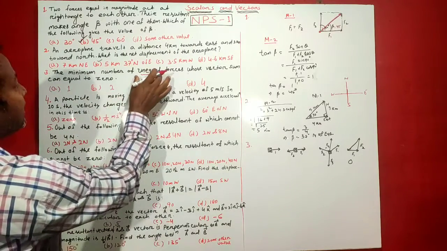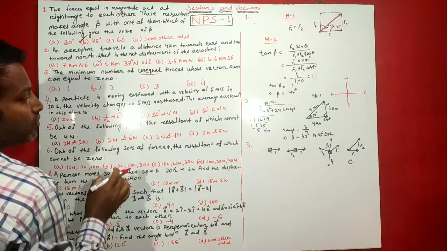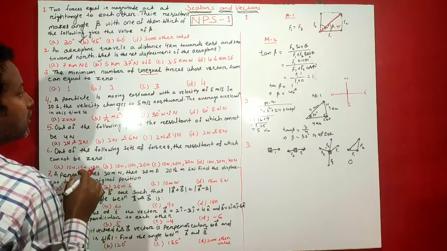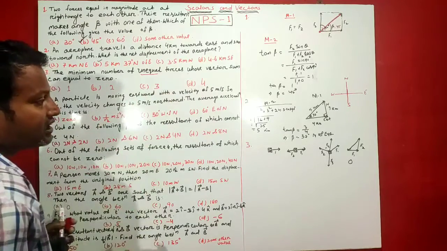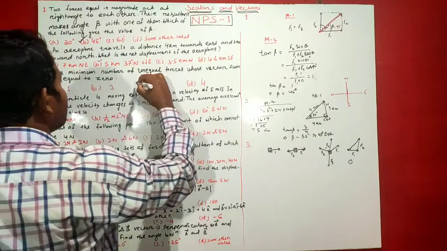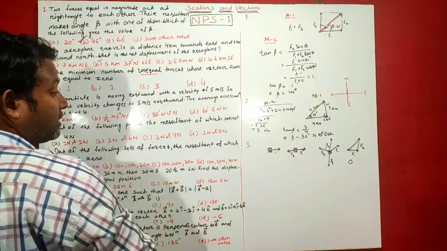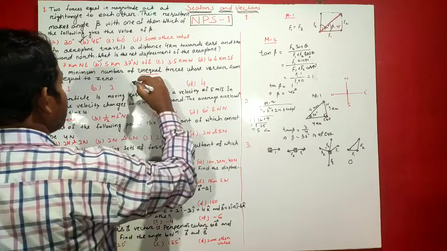But unequal forces are given, so the minimum number of forces will be 3. So our answer is 3, guys.